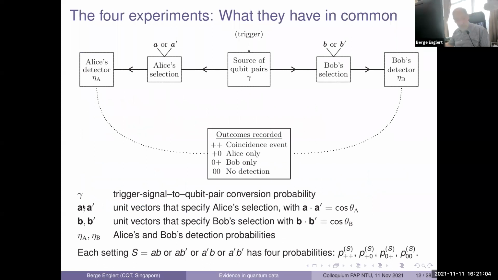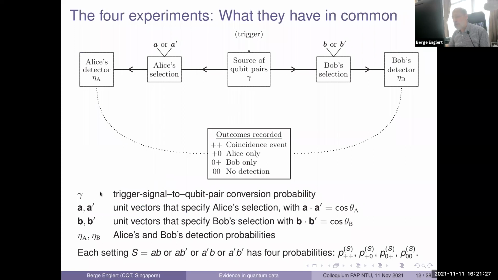So now let me say a little bit more about the experiments. All these experiments measure coincidence events on qubit pairs. So they all have a source of qubit pairs and a trigger that tells the source to produce a pair.